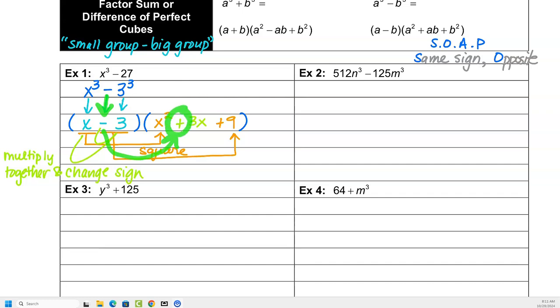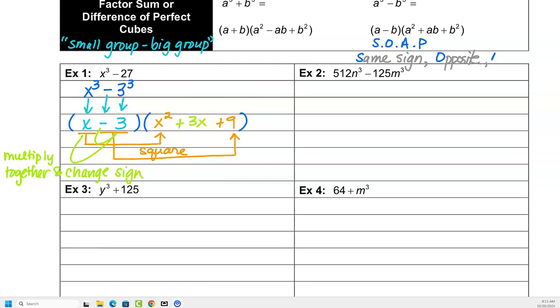So this is always going to be the opposite of whatever is in this location. This one's a subtraction, so this one here would be expected to be addition. I'm going to move that over a little bit.